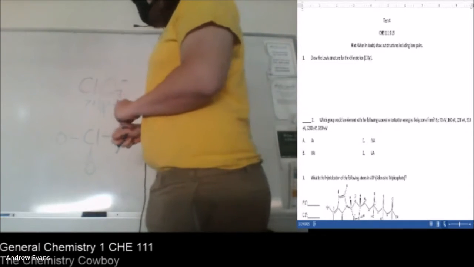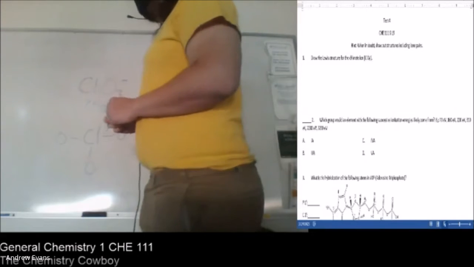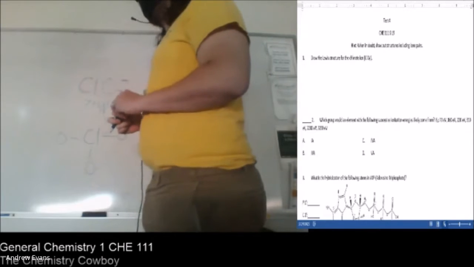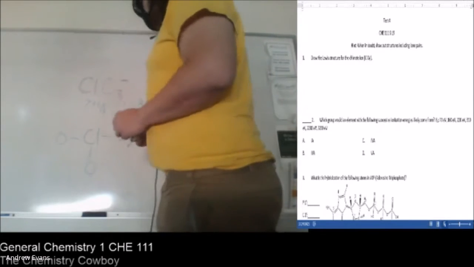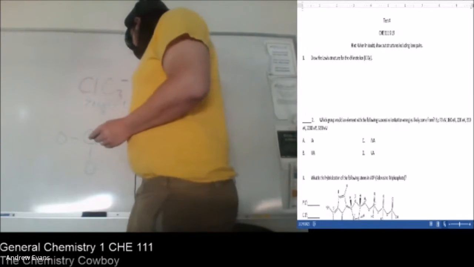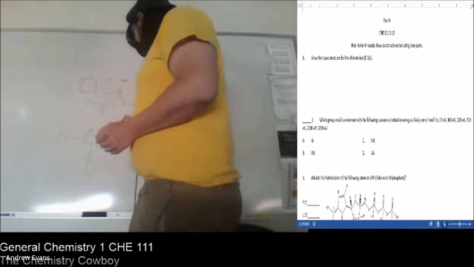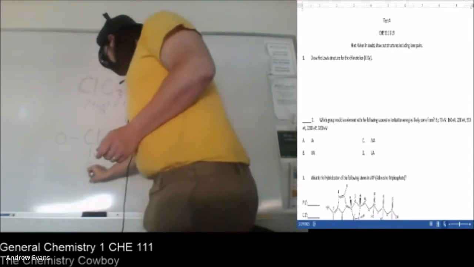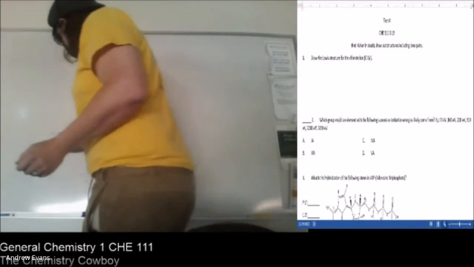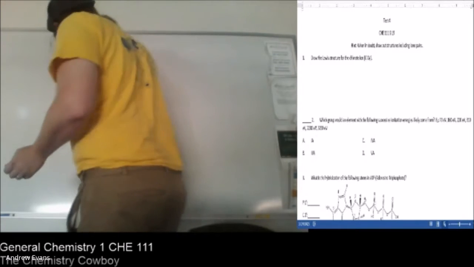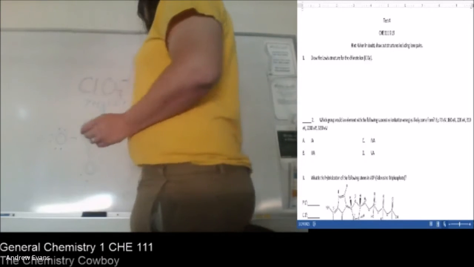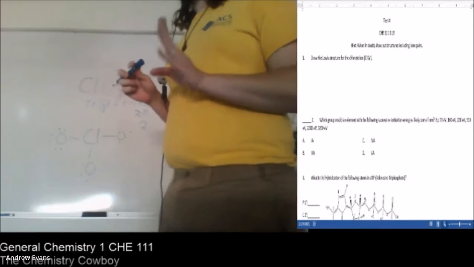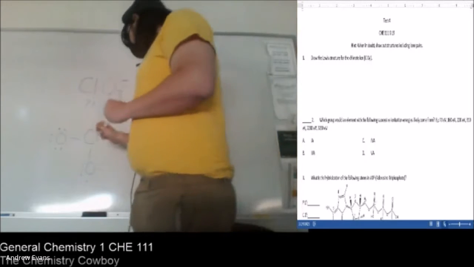We are going to put an octet level of electrons on all the oxygens. So that means since the oxygen has 1 bond, it needs 6 more electrons. So we're going to use 18 electrons. That leaves 2. The one thing we can't forget, put any remaining electrons on the center atom.